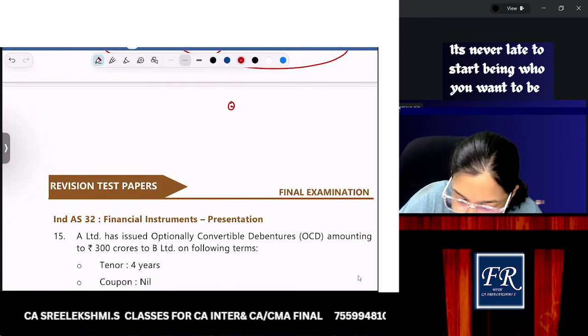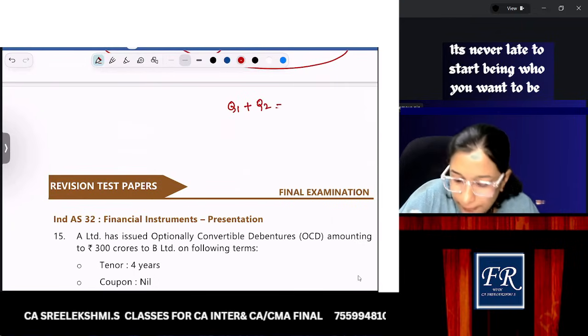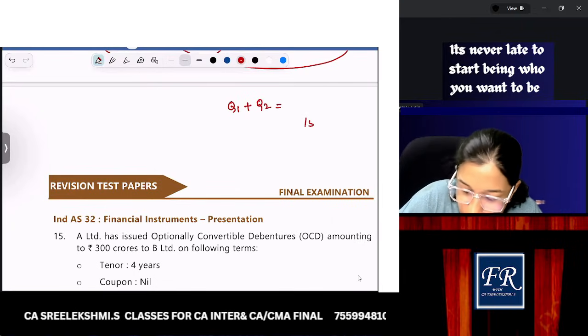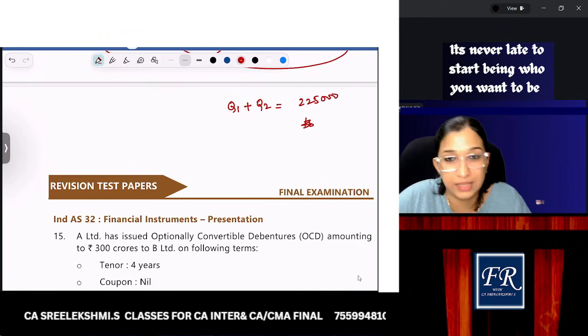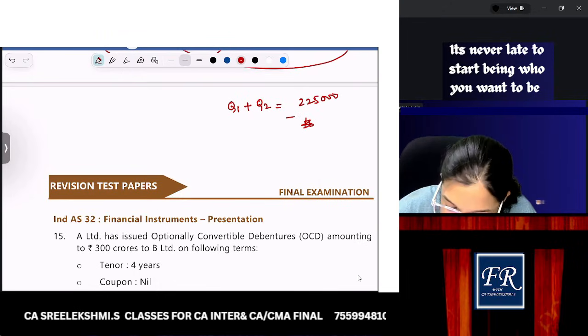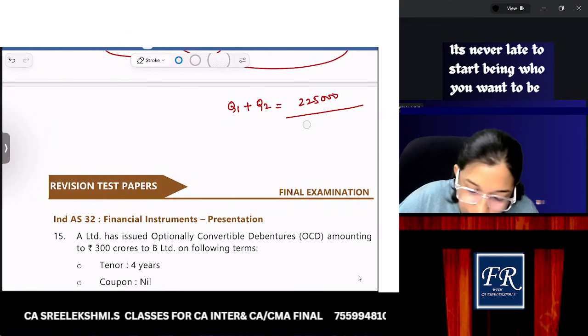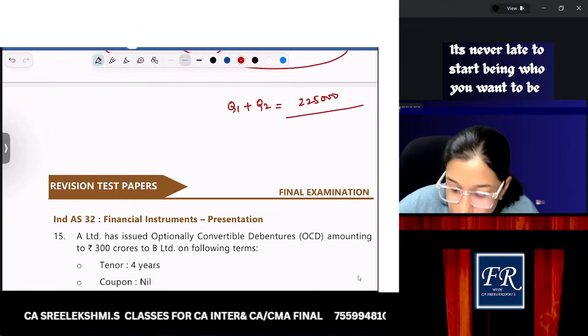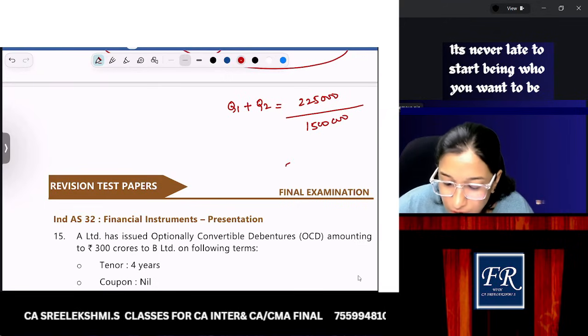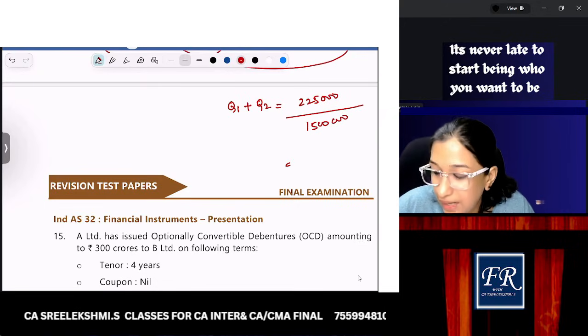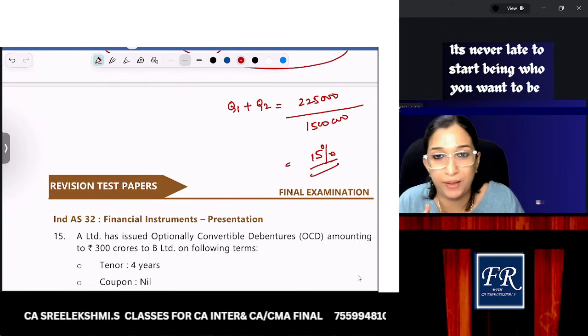So Q1 plus Q2 together, total sales is 2,25,000, divided by the revised total of 15 lakhs. So 15 percent of the total sales has already happened.